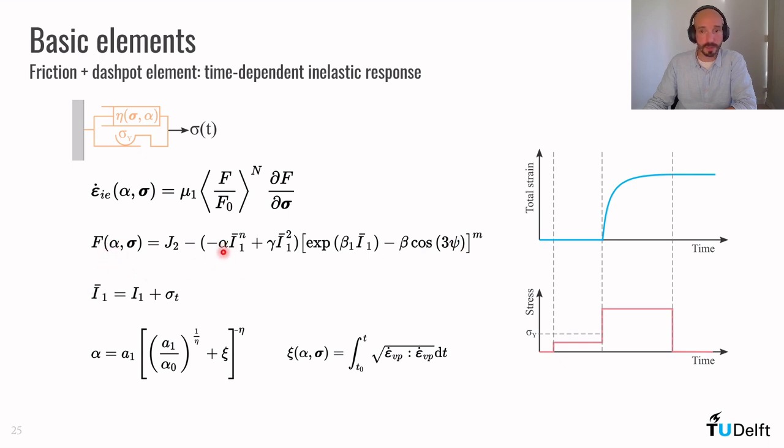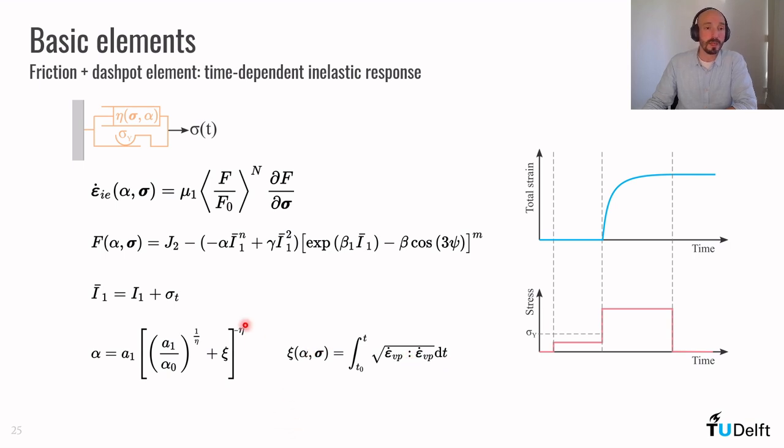This hardening parameter is given by this expression here. A1 is a material parameter, alpha 0 is the initial hardening parameter, eta is also a material parameter, and xi is the accumulated viscoplastic deformation, which is given by this expression here, the integral from the initial time to the current time of the square root of the double dot product between the viscoplastic strain rates.